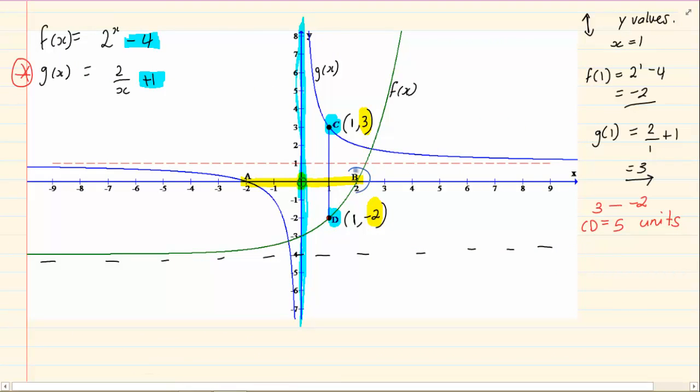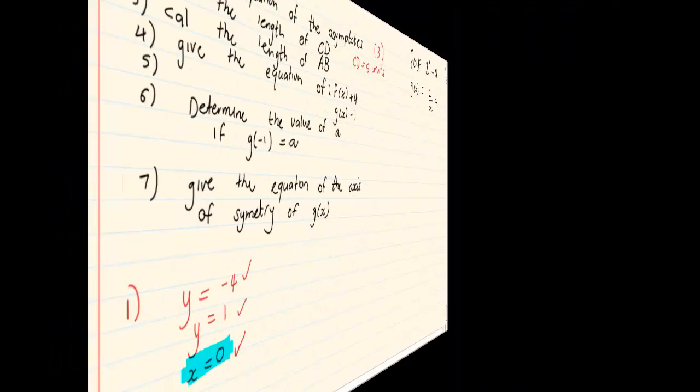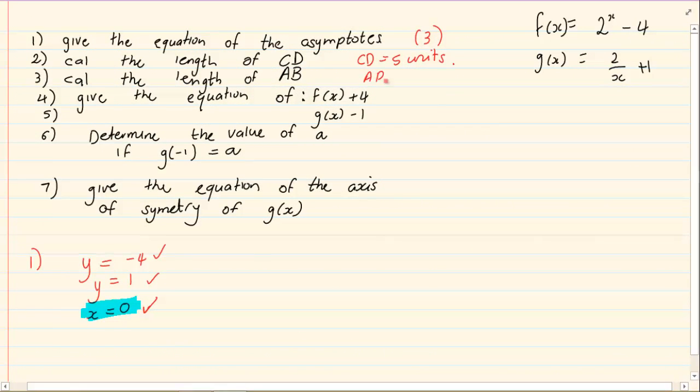The high x is actually 2. So, AB is going to be the high x, which is 2, minus the low x, which is minus 2. And that gives me 4. Because remember, a minus and a minus give me a plus. So we've got AB is equal to 4 units.